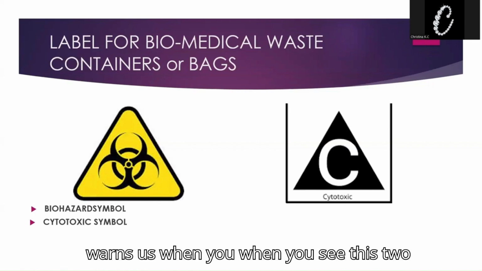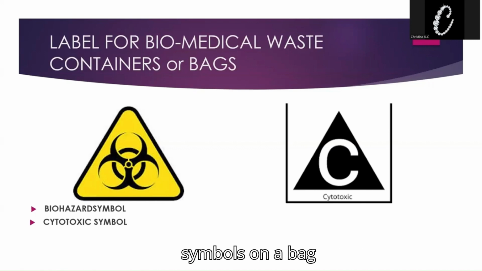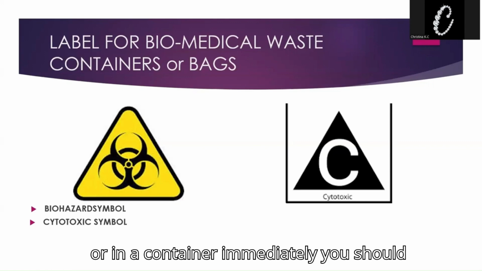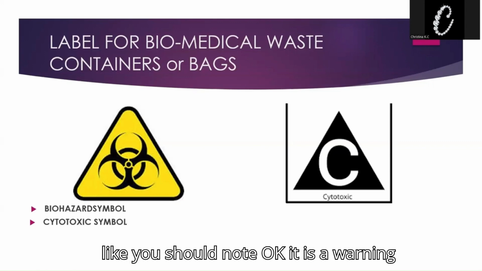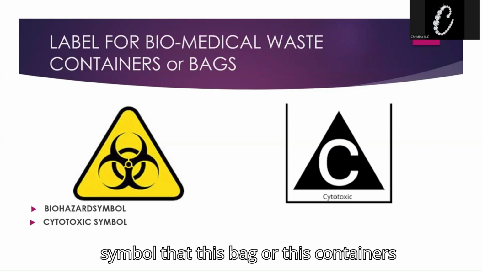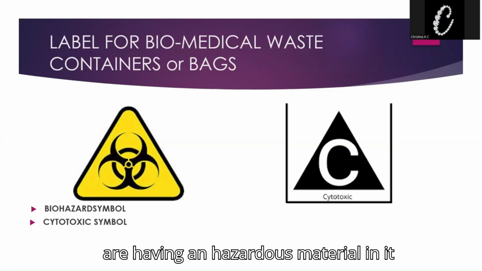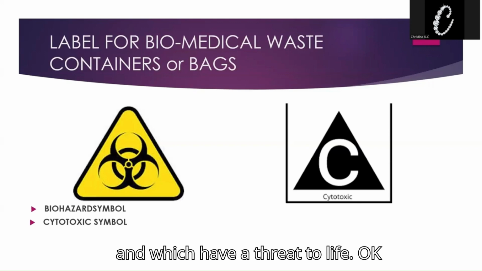When you see these two symbols on a bag or in a container, immediately you should note it is a warning symbol that this bag or container has hazardous material in it, which is a threat to life.